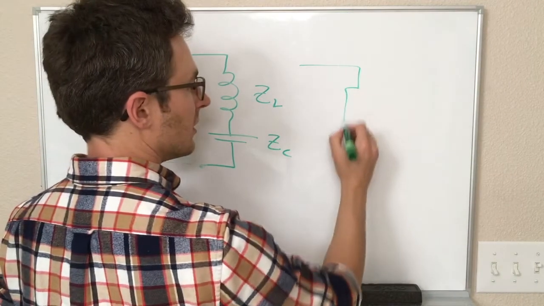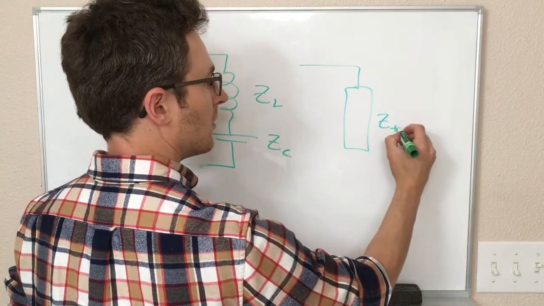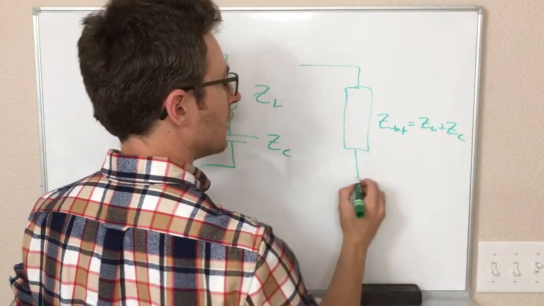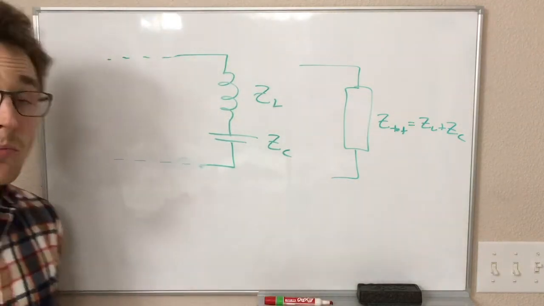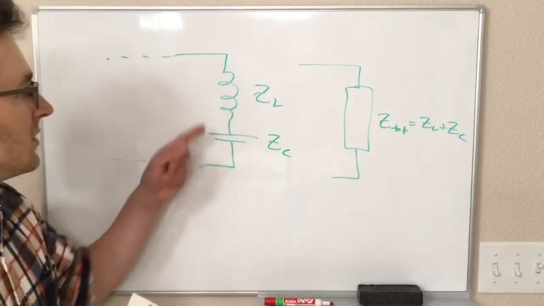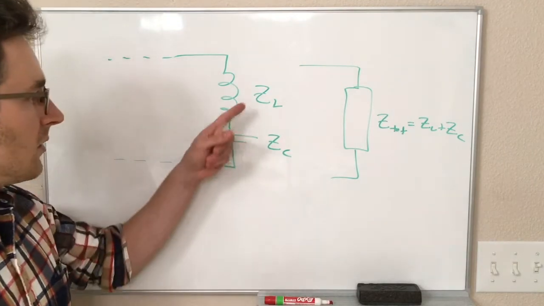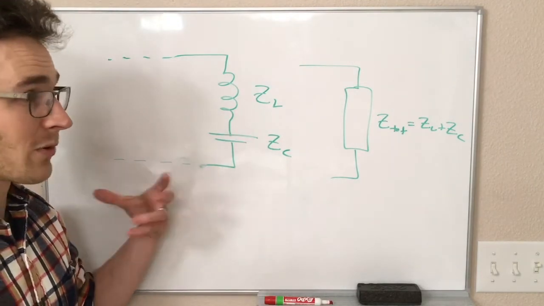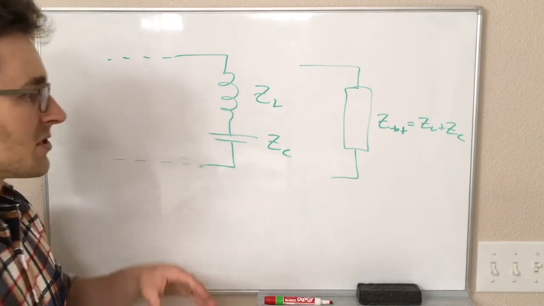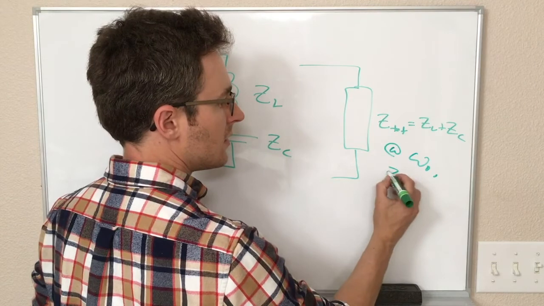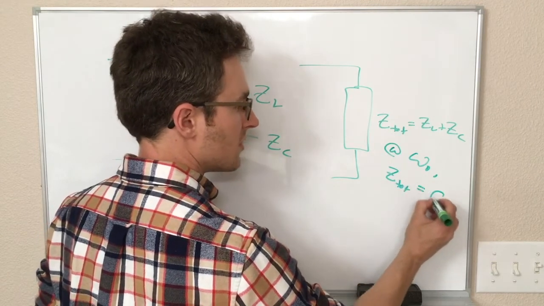This is effectively the sum of these, ZL plus ZC. And at some particular frequency, these two are going to cancel out, right? If ZL and ZC are at the resonant frequency, these are equal and opposite. And so at omega naught, Z total equals 0.